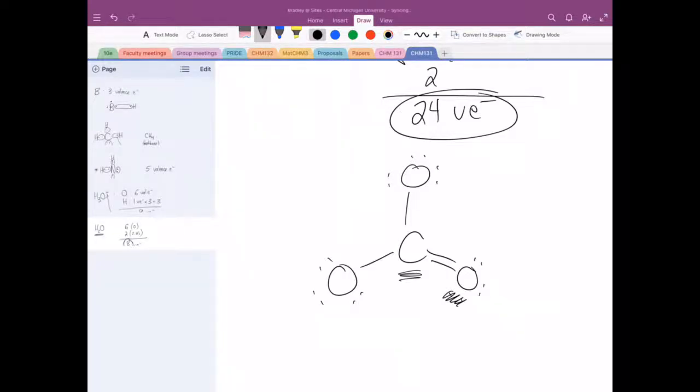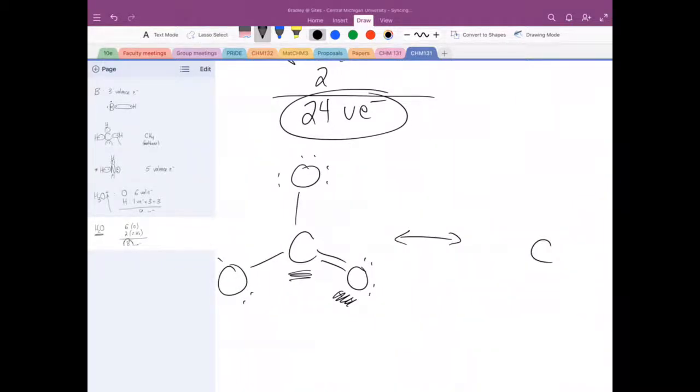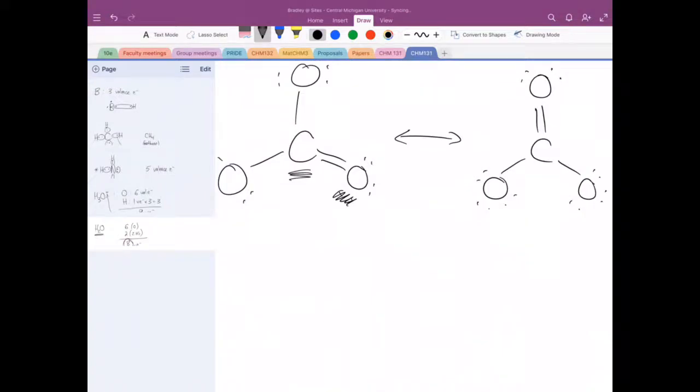But I could have also done them over here, right? So I could have also drawn it like this with all the dots around it. Or I could have also drawn it like this.